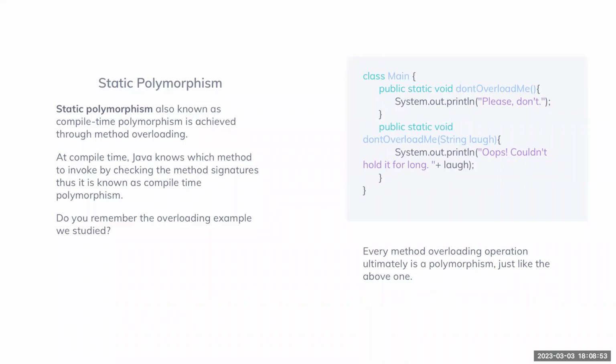We have this overloading example which we have already discussed. Every method overloading operation is ultimately polymorphism, just like the above one. You have two methods having different parameters. This is called static polymorphism.